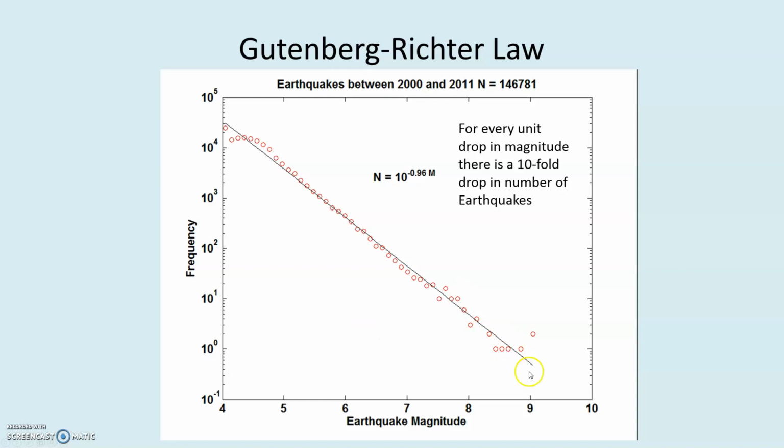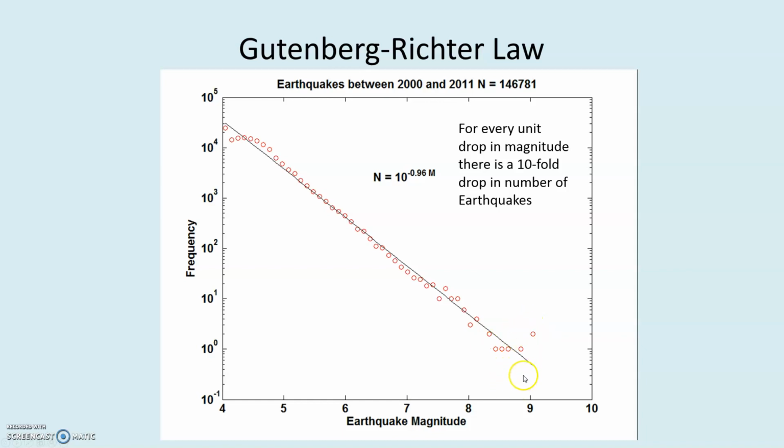And so we can quite easily say that for any given bit of crust, what the total number of earthquakes of any given magnitude we should get for that area of crust, and we can do that to quite a degree of certainty. The problem comes down at the high magnitude end of the earthquakes, which are very infrequent.